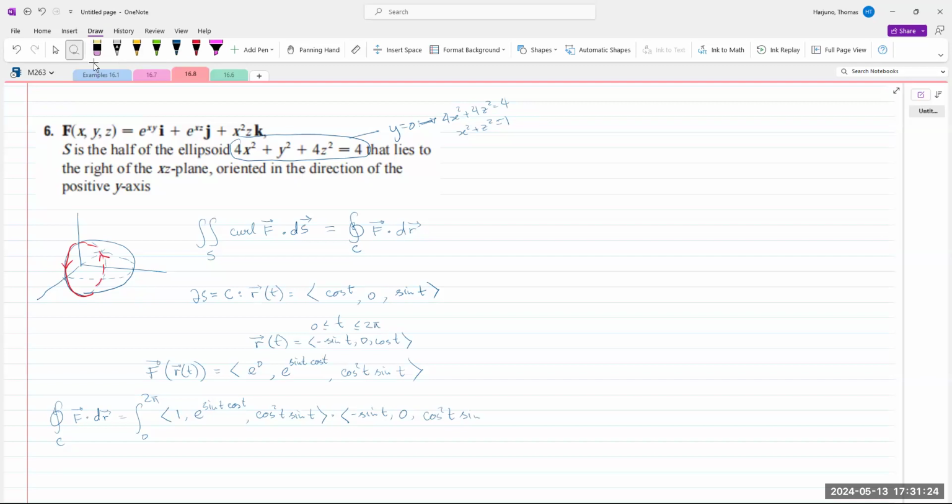No, I should not do the dot product yet, it's still just r prime of t, so cosine t dt. Now this becomes the integral from 0 to 2 pi of negative sine t plus 0 plus cosine cubed t sine t dt.